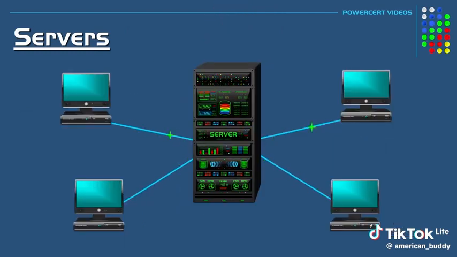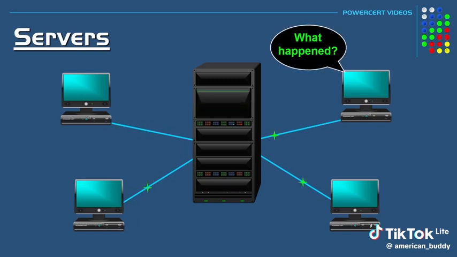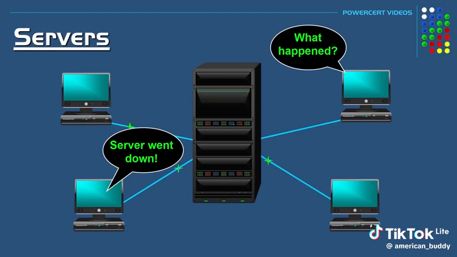Servers need to be up and running 24/7 because they are vital to an organization. If a server does go down, that could jeopardize a business or an organization. This is why servers need to be more reliable. They need to be built with robust hardware that's able to run non-stop with little to no downtime.